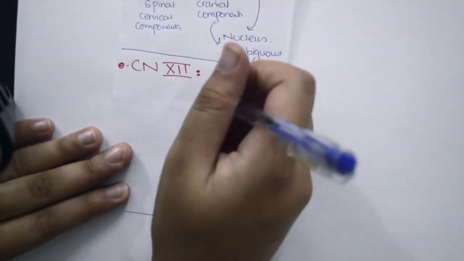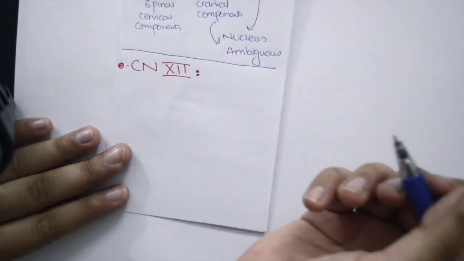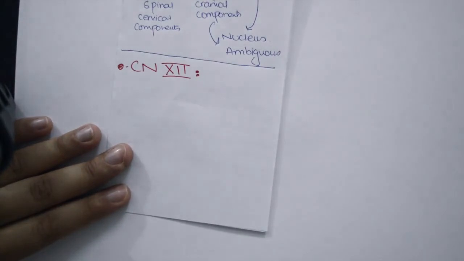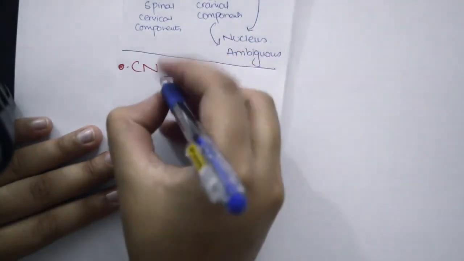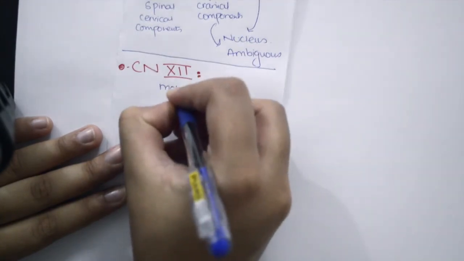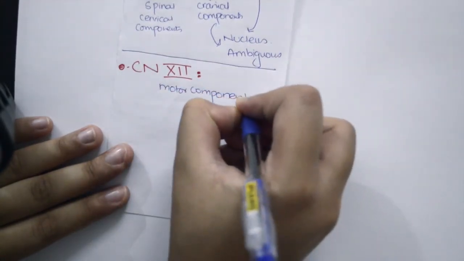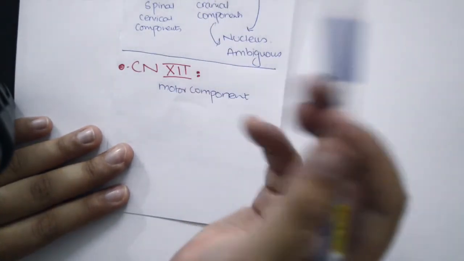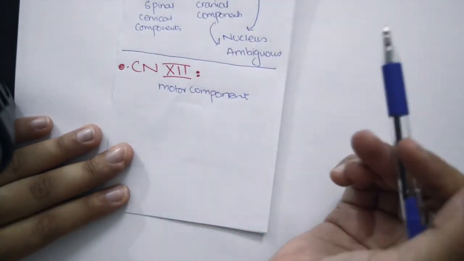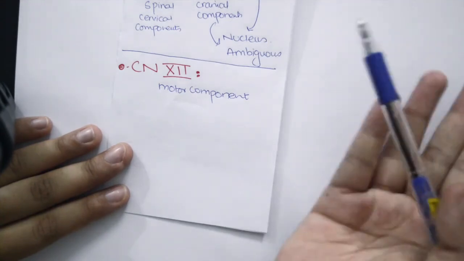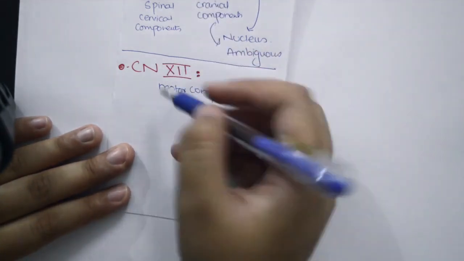So the 12th cranial nerve, that is the hypoglossal cranial nerve. So from the glossal part, you know that this is related to the tongue. It has only one component, and that is a motor component. Other than that, this is attached to the ventral aspect of the medulla oblongata, and it supplies the muscles of the tongue that we know from the glossal part.